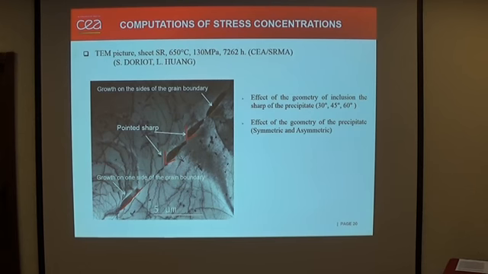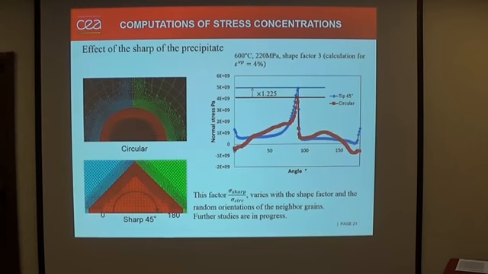This allows us to continue our calculations. We compare the different forms of the shape, from singular to linear shape, and we find a ratio of 1.22. But this effect will be influenced by the shape factor and the grain orientations, so further studies are in progress.